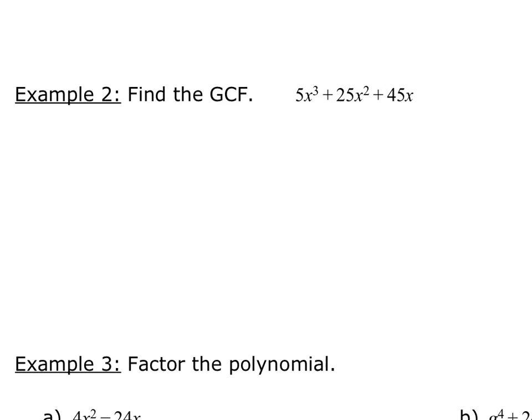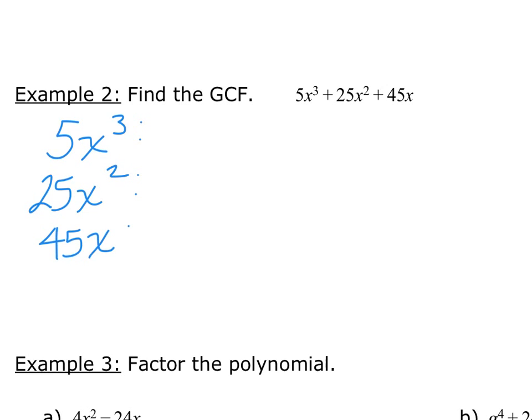All right, so to find the GCF of a polynomial, this is what I'm going to do. I'm going to write each term and find the prime factorization of each term. So we're going to start with 5x cubed, 25x squared, 45x.